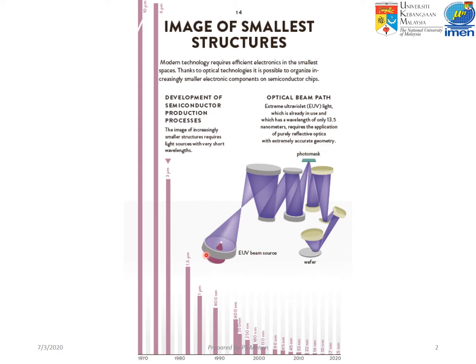So you have the beam source, the extreme ultraviolet light, reflected by different mirrors, and then it obtains the mask from the photomask over here, and finally it's reflected and embedded on the wafer. This is the chip. So the image taken from the photomask is transferred to the wafer. This is what we call extreme ultraviolet lithography.